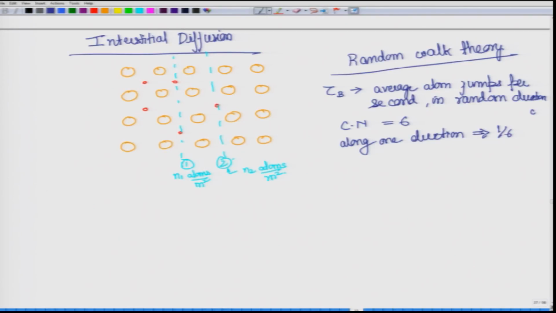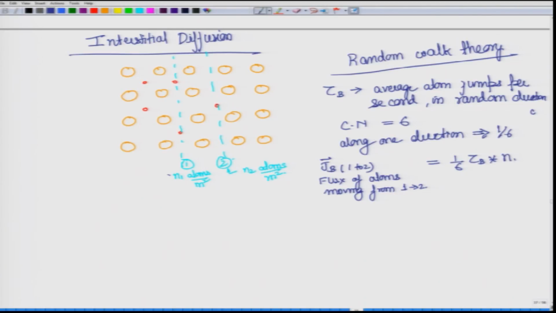So, now the flux of atoms that is moving from 1 to 2 can be given as: flux of atoms from 1 to 2 will be equal to 1 by 6 tau b, number of atomic jumps, into the density of atoms that is present there.